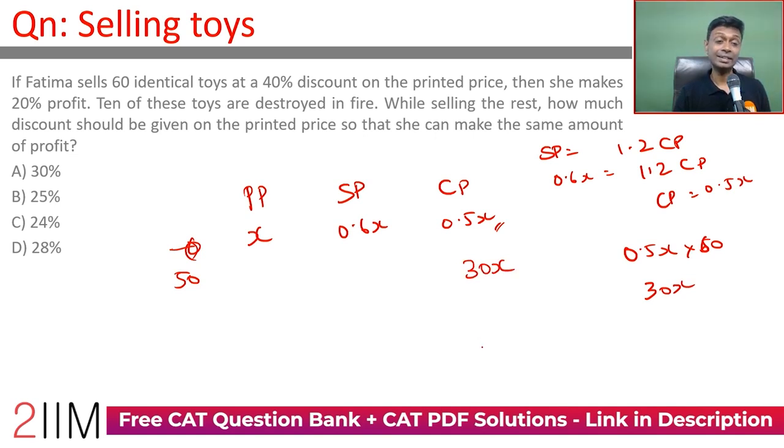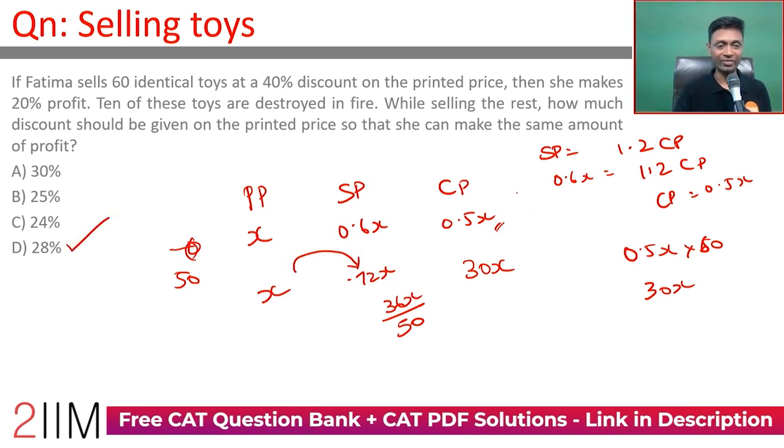She needs to make a 20% profit. So from 30x, she has to realize 36x. She has to make 36x from just 50 goods, or he should sell at 0.72x. Her printed price is x. Her selling price should be 0.72x, or she gives a 28% discount.